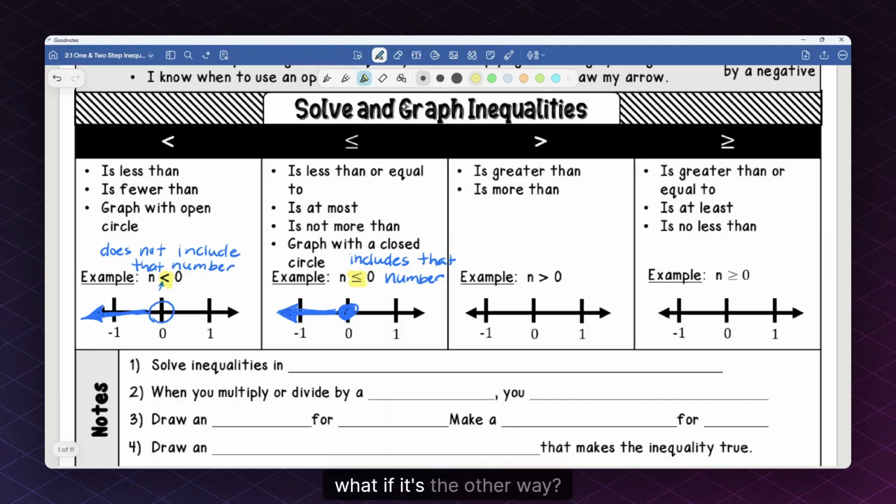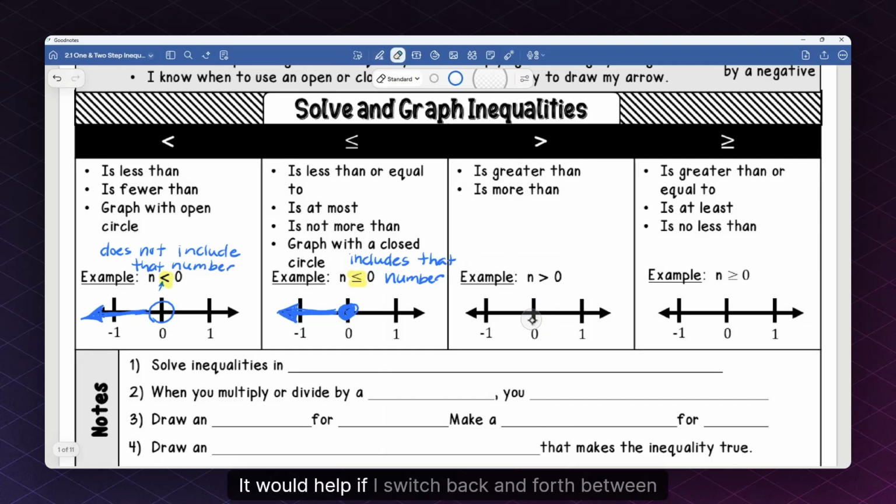All right, well, what if it's the other way? So instead of less than, we have greater than. Another way to say it is more than. Well, how do we draw that? This does not have an equal sign in it. So again, we're going to use an open circle.